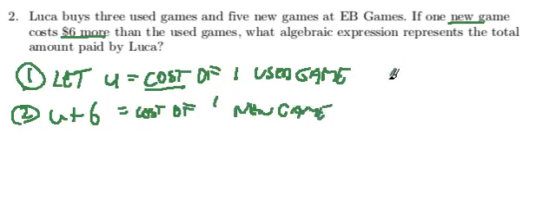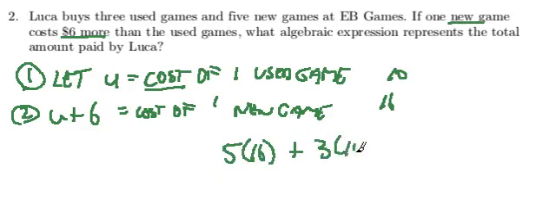And if this is 10, if this is 16, again, just made up numbers, then let me write my expression for the total amount paid by Luca. If he's buying 5 new games, that's 5 times 16. And he's buying 3 used games, that's 3 times 10.